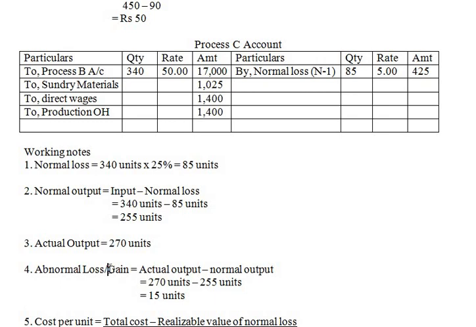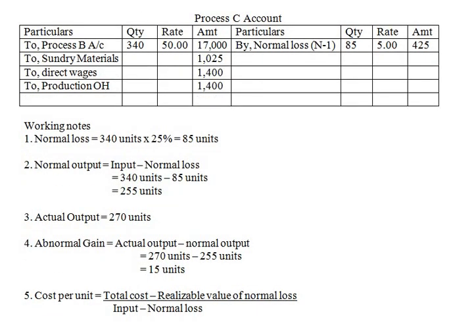Now either it is abnormal loss or abnormal gain, it has to be calculated on cost per unit. Now again roughly we need to close the account to find out cost per unit. Write down the formula. Cost per unit is equals to total cost minus realizable value of normal loss divided by input minus normal loss.